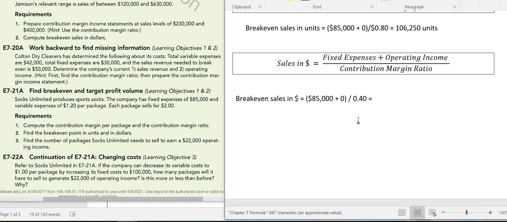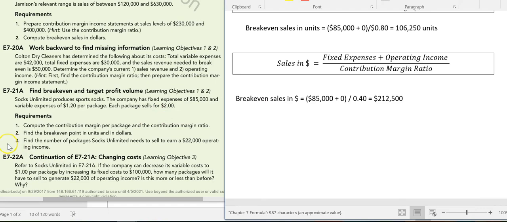And remember, this is in terms of dollar value, so don't forget to write down the dollar sign. And I have my calculator. What I got, it's $212,500. That means if your sales is $212,500, then you will reach your break even.